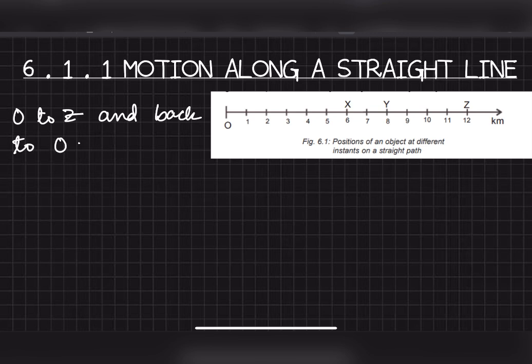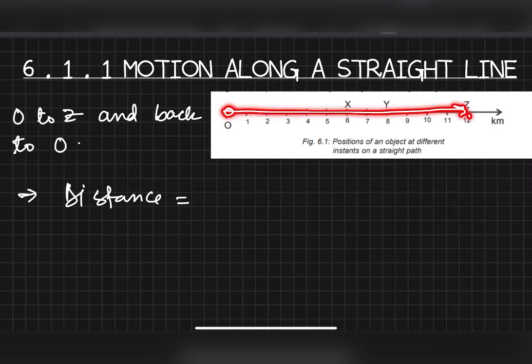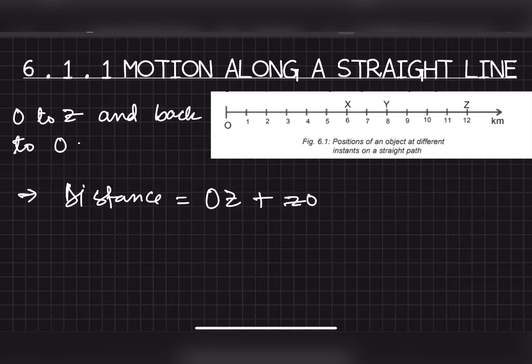What will be the distance? You are moving from O to Z. OZ plus Z to O again, ZO. O to Z is 12 kilometer. Z to O is 12 kilometer. How much is it? 24 kilometer.